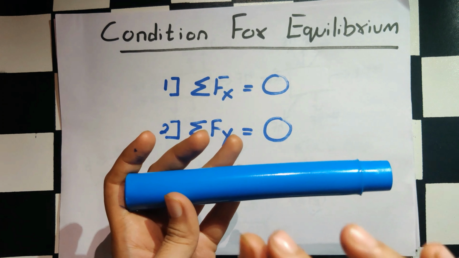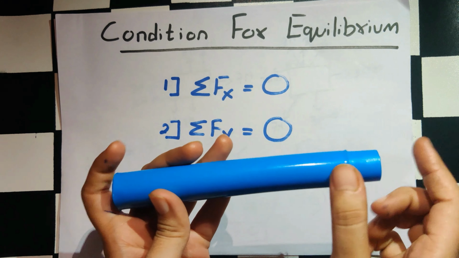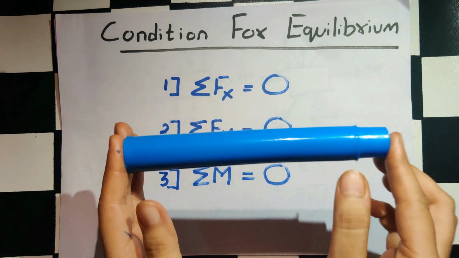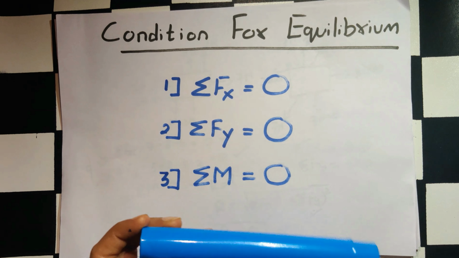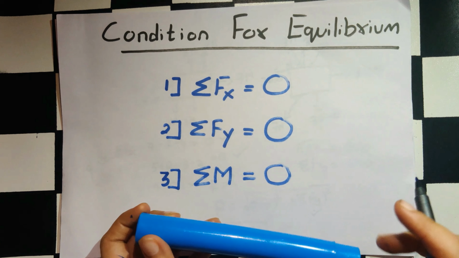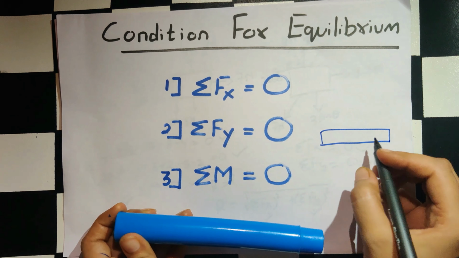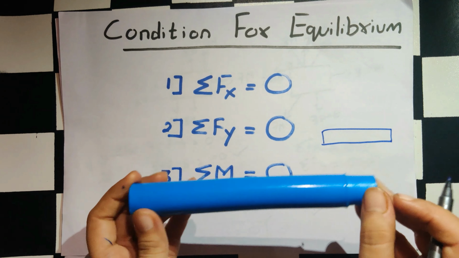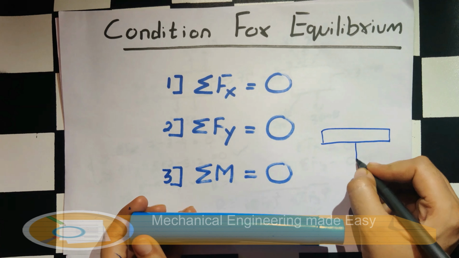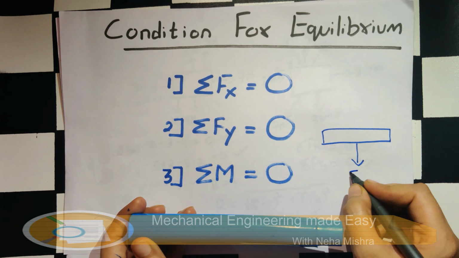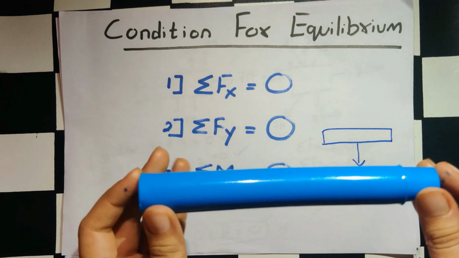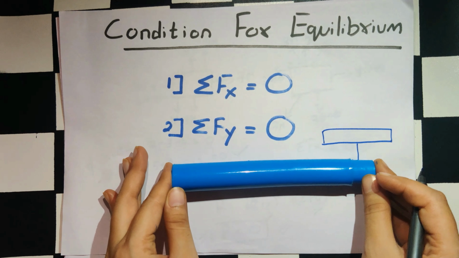So guys, for every object, the very first force which acts is its own weight. So the very first force acting on this rod, suppose this is the rod which I have taken, is its weight force, and where does it act? At the centroid. So suppose this rod is of 5 Newton. So with this 5 Newton force, it is moving downwards.